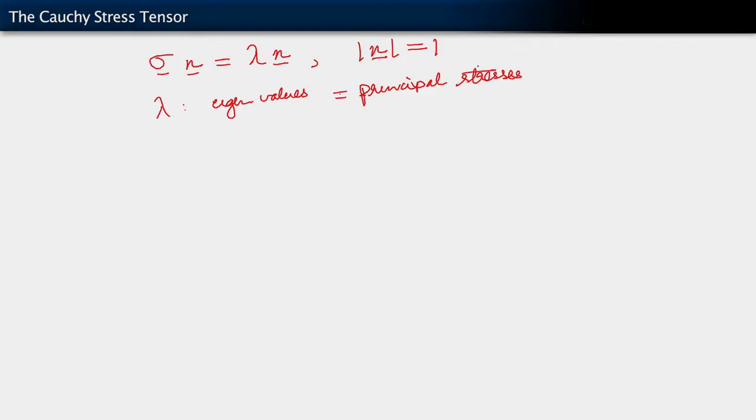And n is the corresponding eigenvector. What this demonstration has shown for us is why the standard eigenvalue problem needs to be solved in order to find the maximum or minimum normal stresses.